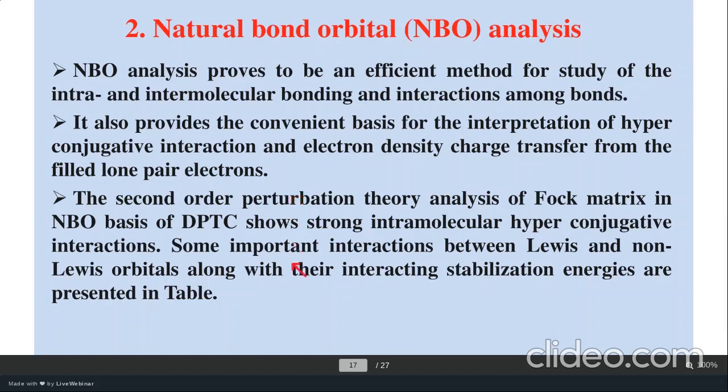After this slide, we have some NBO matrix values. The second order perturbation theory analysis of the Fock matrix in the NBO basis of DPTC shows strong hyperconjugative interaction. Some important interactions between Lewis and non-Lewis orbitals, along with their interacting stabilization energies, are presented in the next table.